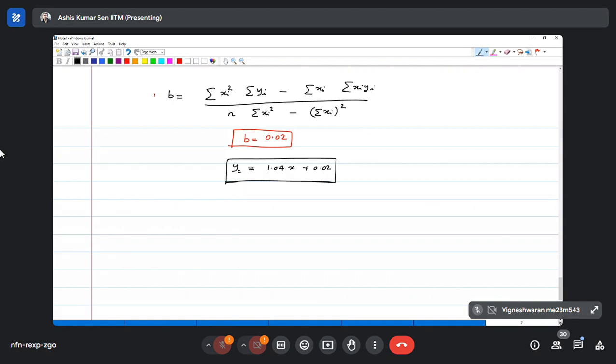Now you can find out R, which I will not be able to calculate here, but you can do so.